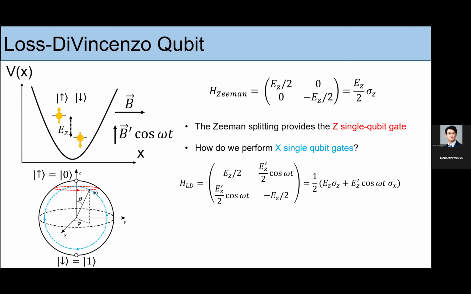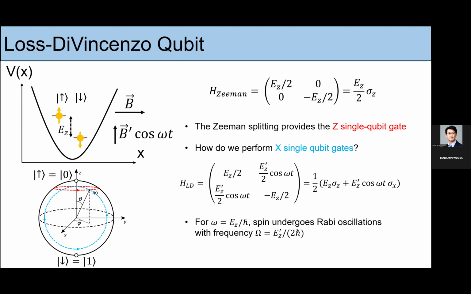Now our Loss-DiVincenzo spin qubit has a Hamiltonian like this, right, where our static magnetic field is giving rise to the splitting. And then we have this driving term on the off-diagonal elements of our spin qubit, right, as shown here. Now, hopefully, many of you will recognize this as just being the Rabi Hamiltonian from elementary quantum mechanics. And if you drive this thing at what's called the resonance frequency, right?